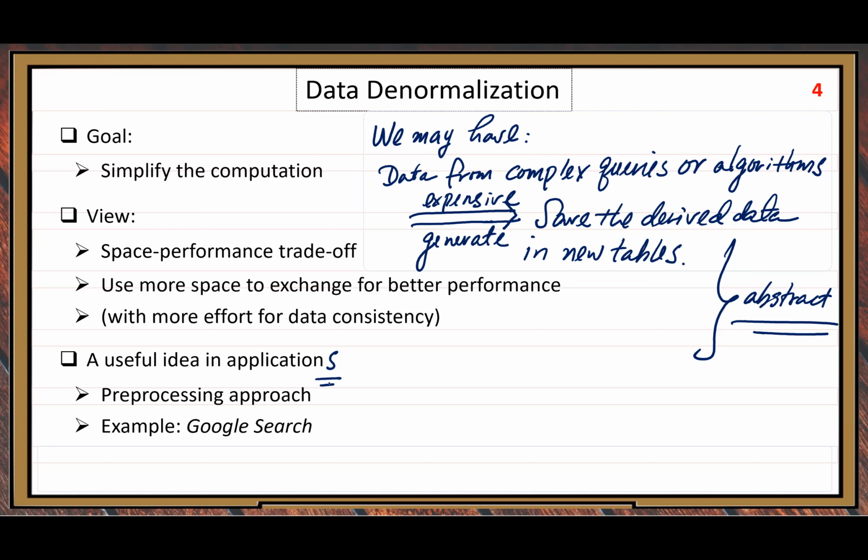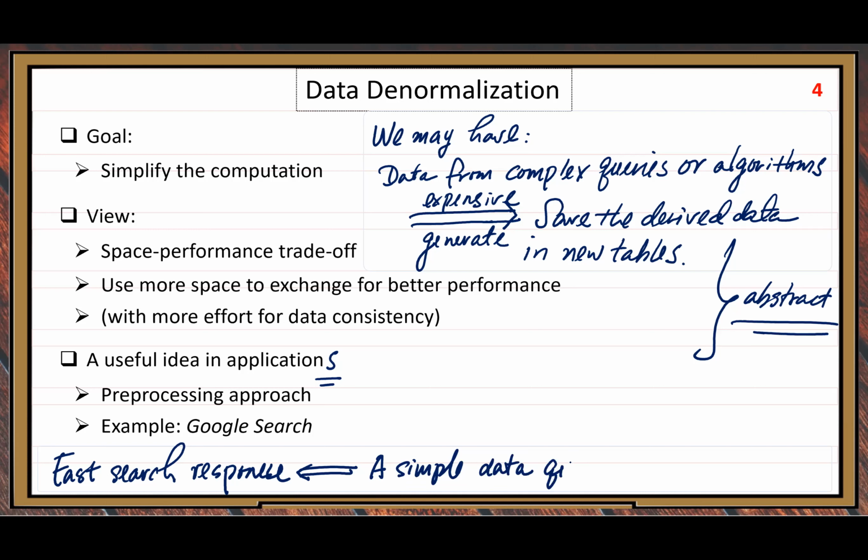The derived data is in one single table. Let me write it this way: fast search response comes from a simple data query from one table, just one table.